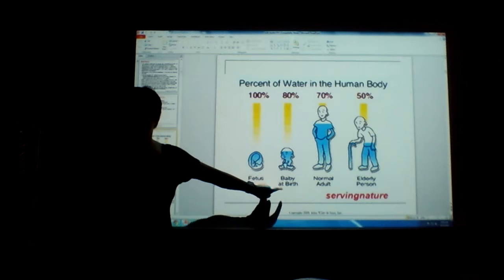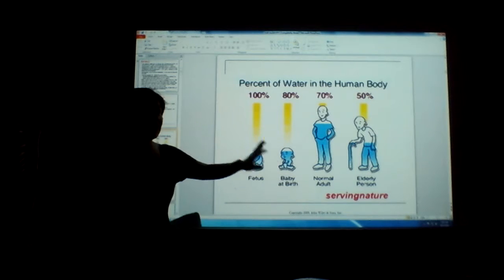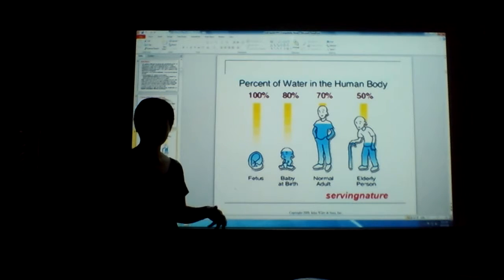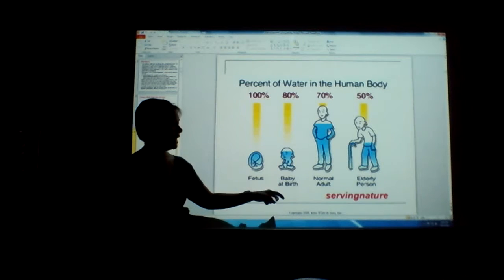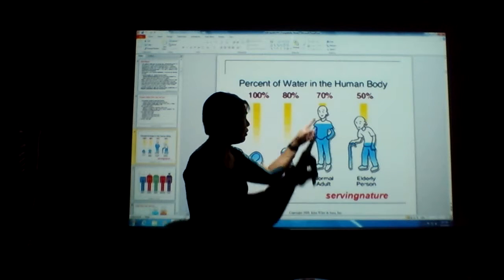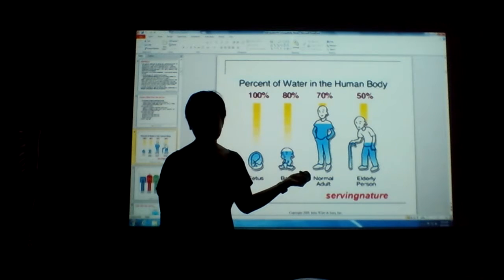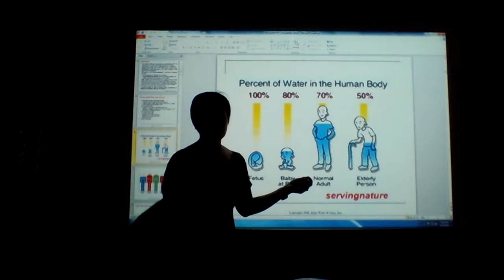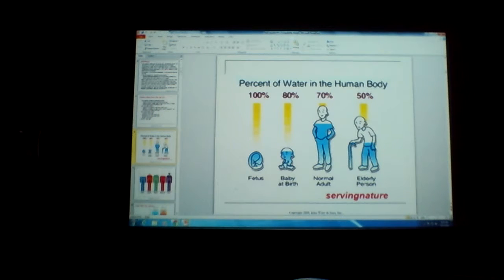Then the baby, no wonder if you have babies, when they have diarrhea, they get dehydrated very quickly. And then the normal adult, that's you, because I'm over here. Look at you, 70% water. So that's why if you're lacking in water, it may affect your performance.